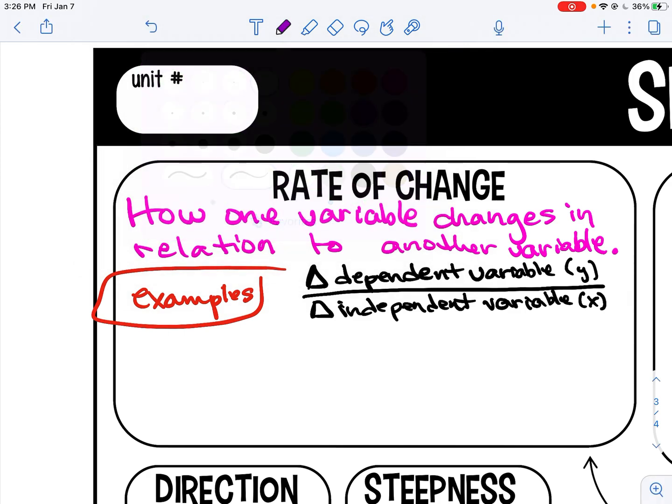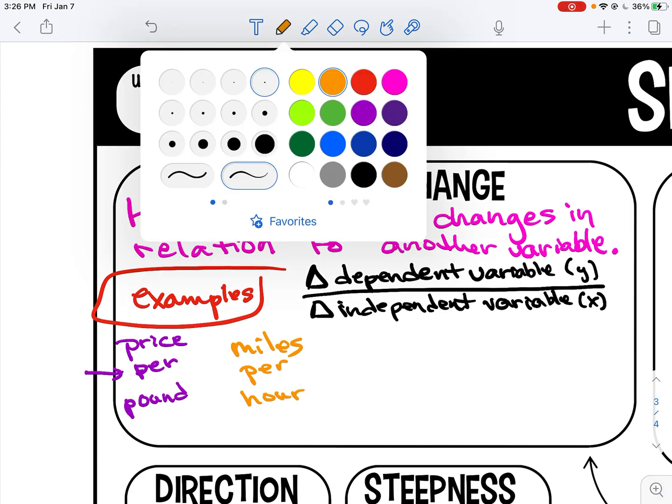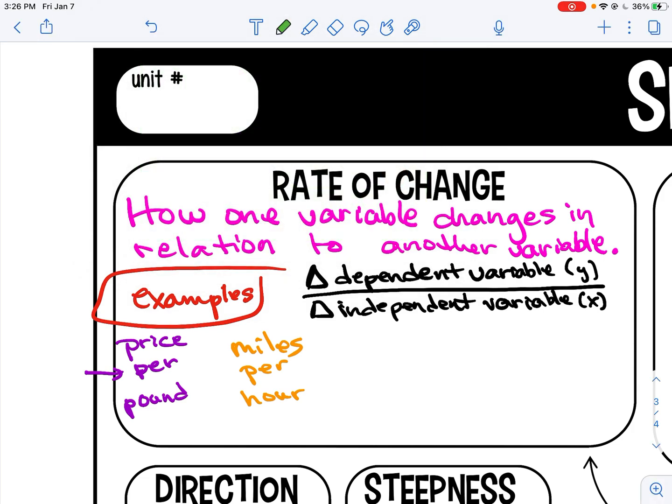So we're going to change the color up a little bit. We talked about price per, remember the word per, pound. Okay, we've talked about miles per hour. We've talked about cost per month, or cost per lots of things.